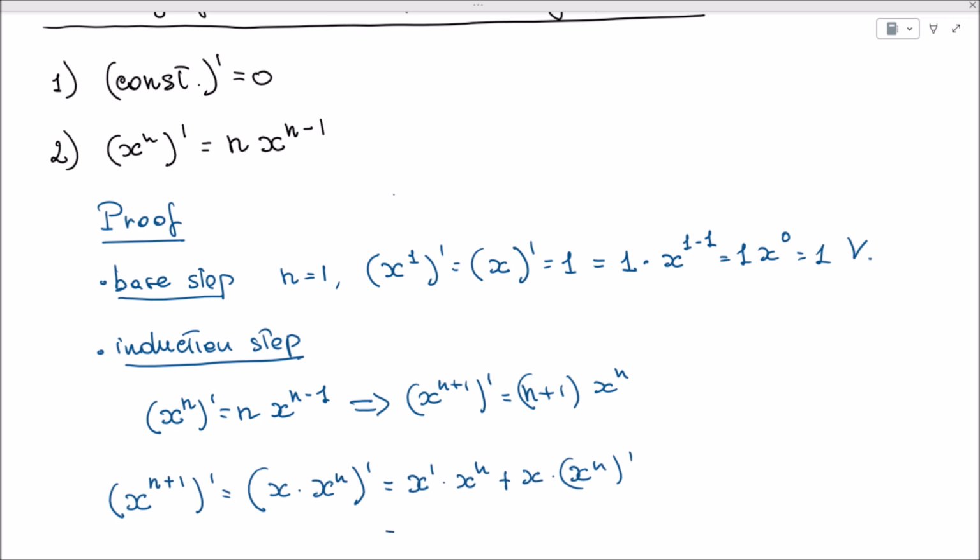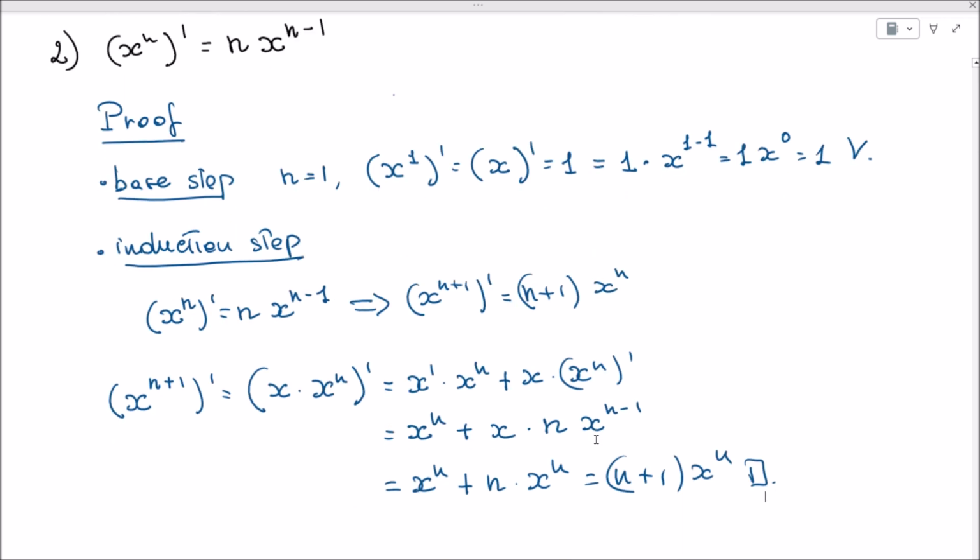But x prime is simply 1, so we have simply x to the n here, and then we have x. Now, applying the hypothesis of the induction step, we see that this is n times x to the n minus 1, which now becomes x to the n plus n times x to the n, which is nothing else than n plus 1 times x to the n. And this proves the second part of the induction proof, right?